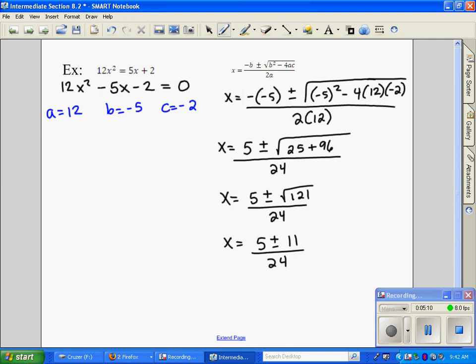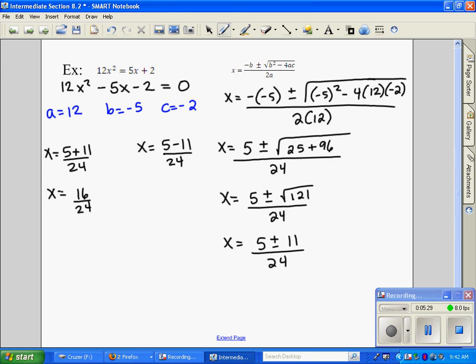So now I'm going to break this off. I'll get x equals 5 plus 11 over 24, and then I'm going to have x equals 5 minus 11 over 24. And I'm simplifying. 5 plus 11 is 16 over 24.